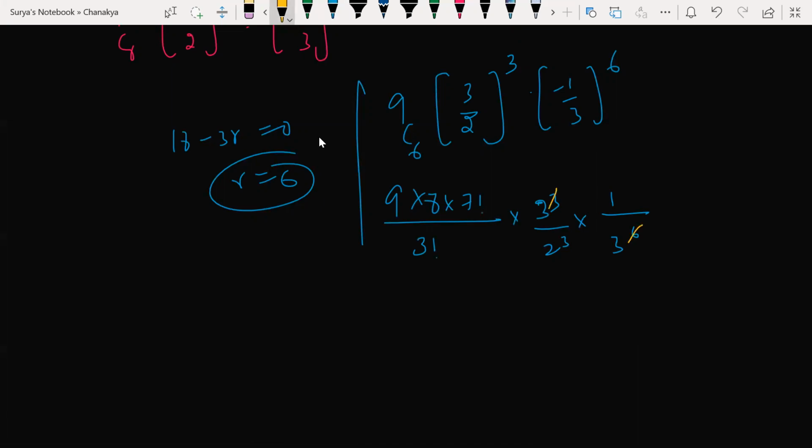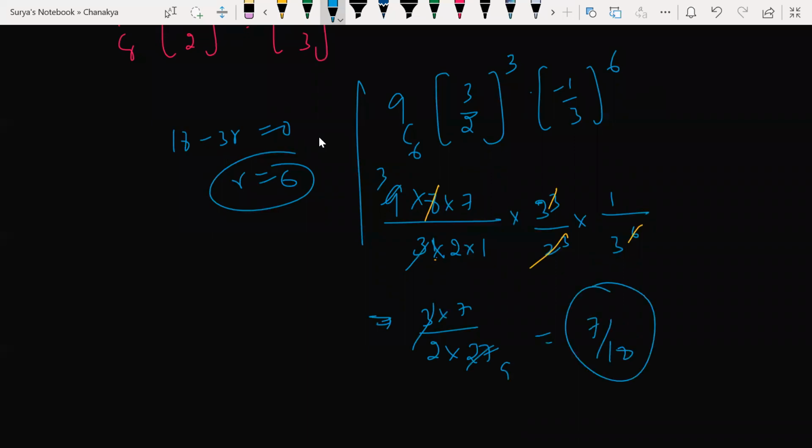So the threes will get cancelled, 8 will get cancelled, and this can be written as 3 into 2 into 1. So 3 into 7 by 2 into 3 cubes, 27, 3 nines. So 7 by 18, I'm getting. So this is the k value.